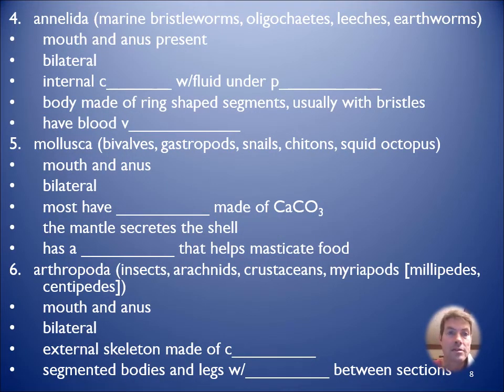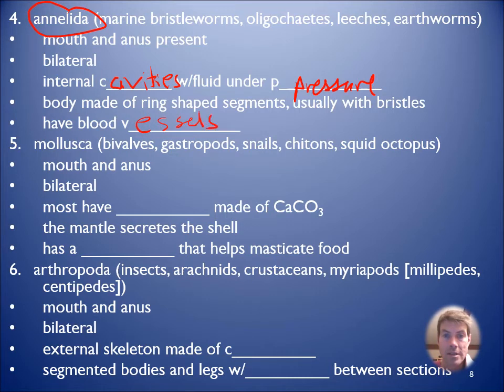This is where it gets interesting, the annelids. Internal cavities, compartments with fluid under pressure. And there's ring segments, the bristles, and have blood vessels. So these are all really critical things that we see in our cells.